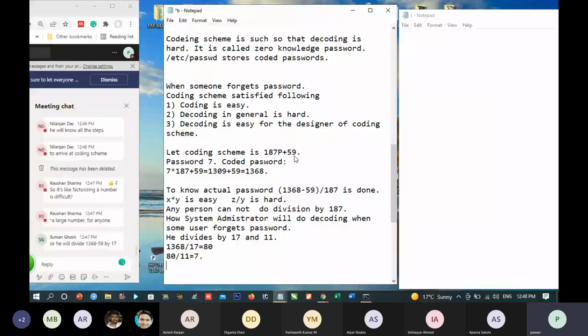The administrator knows 187 is equal to 17 into 11.